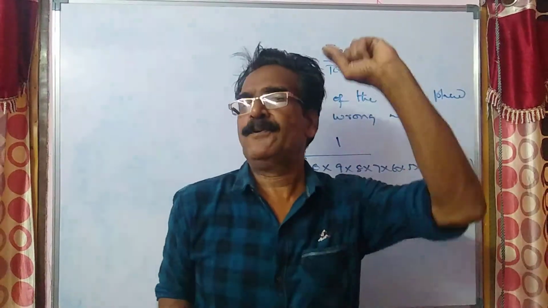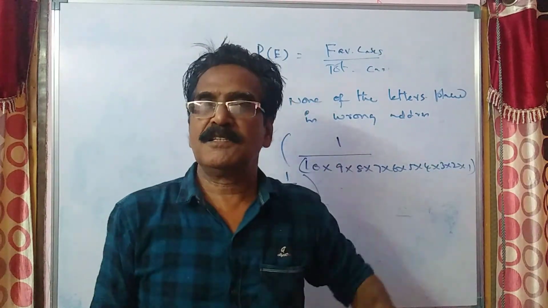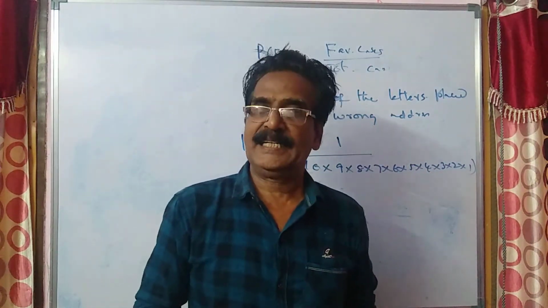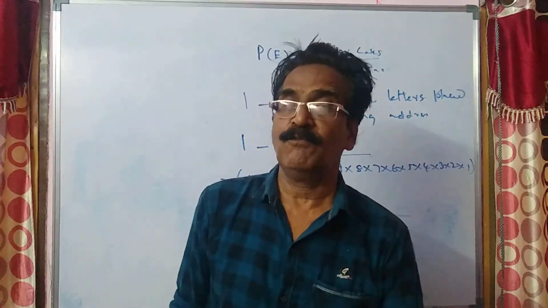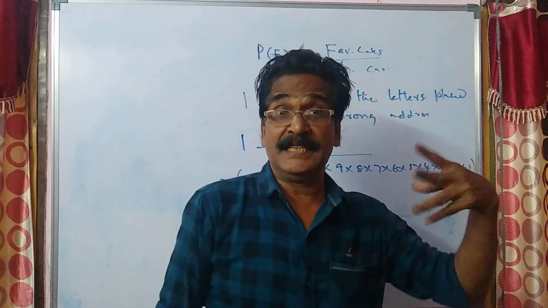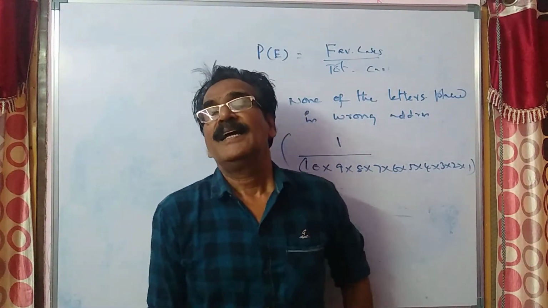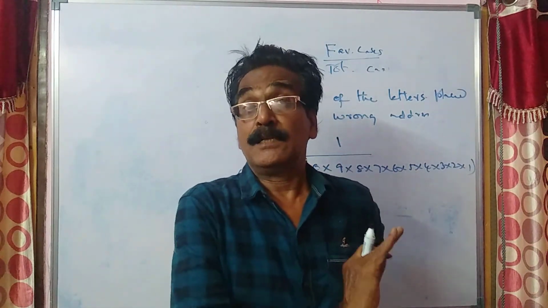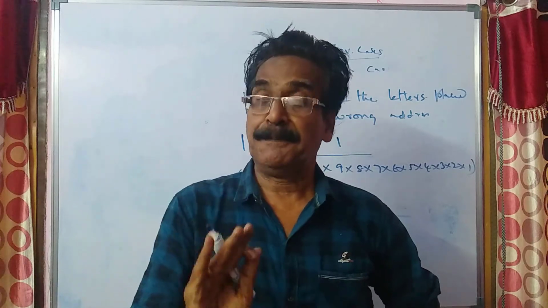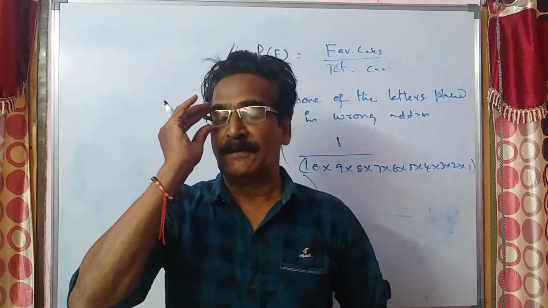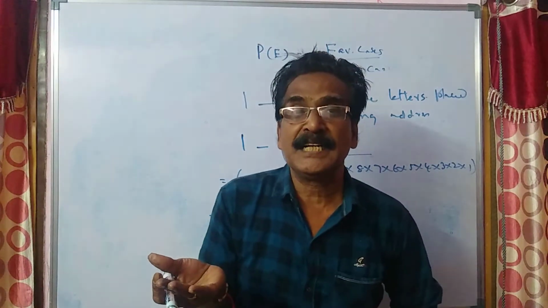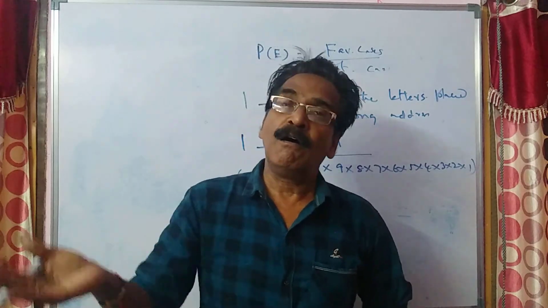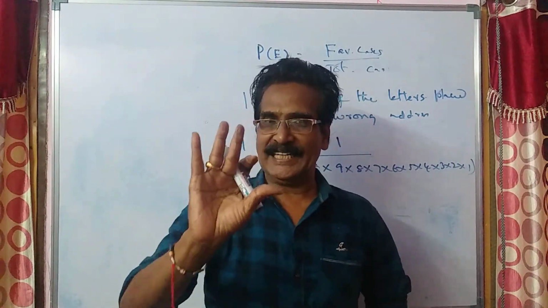So this is a simple understanding problem. What is the probability that at least one letter is placed in a wrong addressed envelope? At least one means 1 minus none of the letters placed in wrong envelopes, and none in wrong envelopes means all the letters are placed in right envelopes.